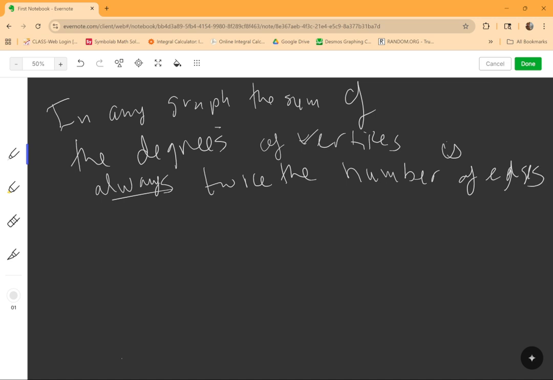Okay. And the reason is because each edge connects two vertices. So if we just focus on the incidence between one vertex and an edge, there's a connection on the other end. Hence, they're always double counted there.